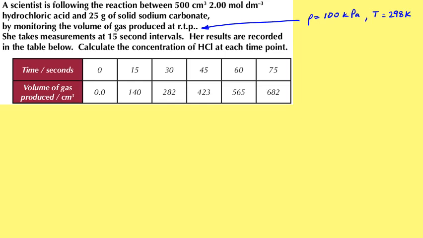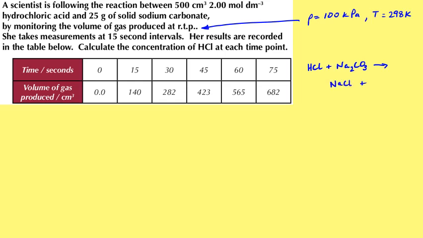So looking at the question, the first thing that we should probably do is write down the balanced equation. So the question tells us we've got some hydrochloric acid, and it's reacting with sodium carbonate, and you will notice that carbonate is a 2- ion, whereas sodium is a 1+ ion. So the formula of sodium carbonate is going to be Na2CO3, and that's going to make some sodium chloride.